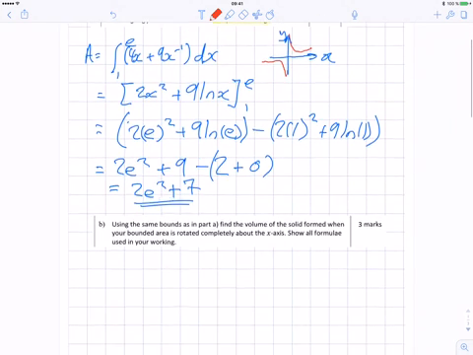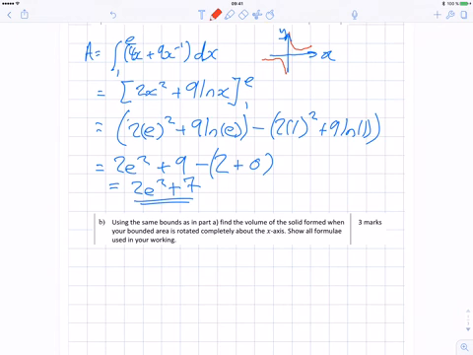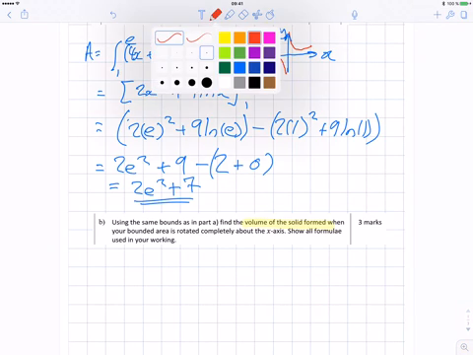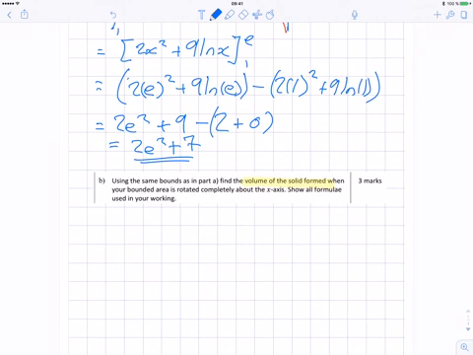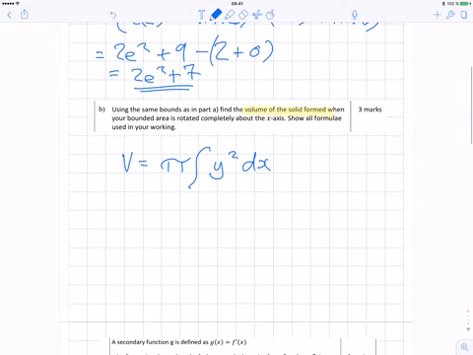Using the same bounds as part A, find the volume. So we're finding the volume of revolution from when your bounded area is rotated completely about the x-axis. So show the formulas that we need to use. So the volume of revolution is equal to pi times the integral of y squared dx.